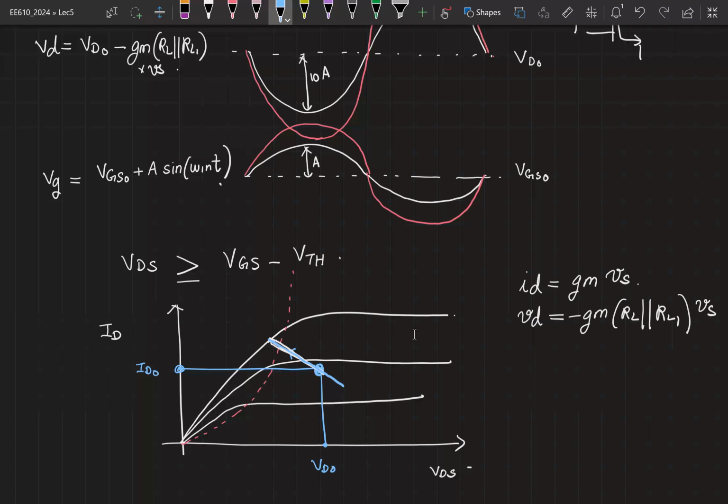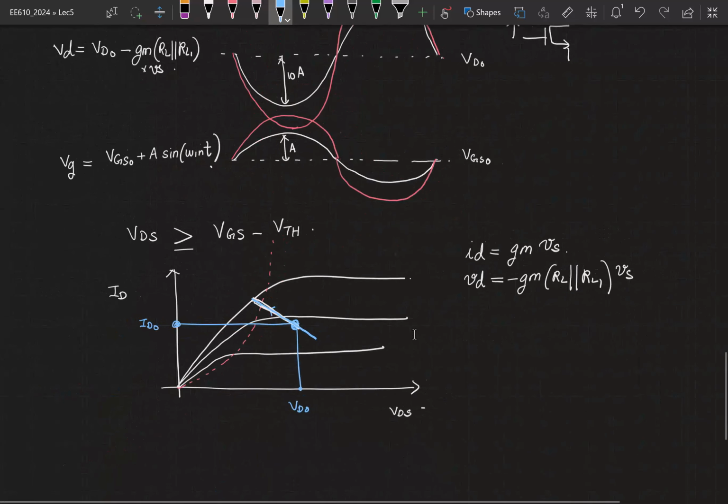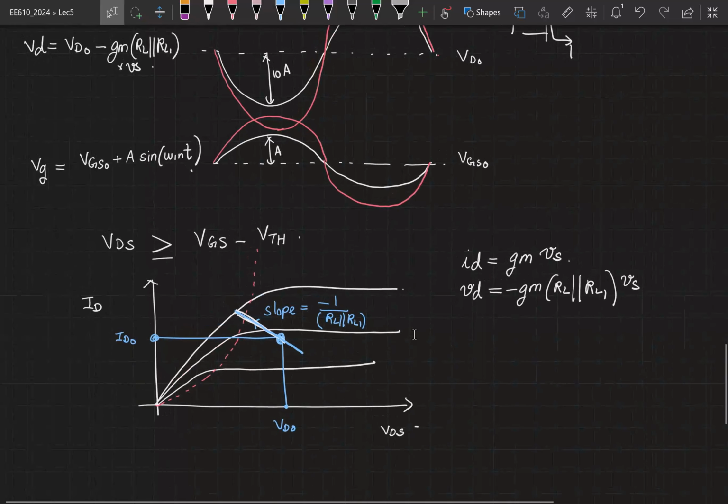You should get a conductance, so the slope will be equal to minus 1 by RL parallel RL1. Okay. So all of this to tell you that whatever is your initial starting point, ID0, VD0, as you increase the gate voltage, you are moving closer and closer to the edge of saturation, right? And what is that exact point?